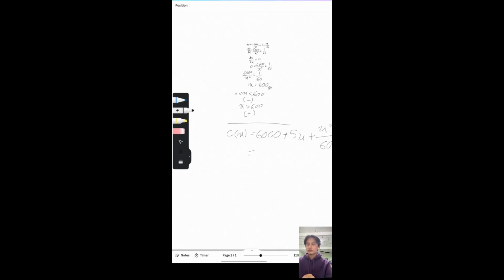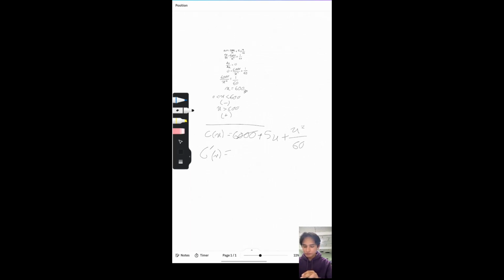So we need to find C prime of x. The 6,000 is cut because there is no x, then the 5x becomes 5, and then plus x, we substitute with 2 power 2 over 16.